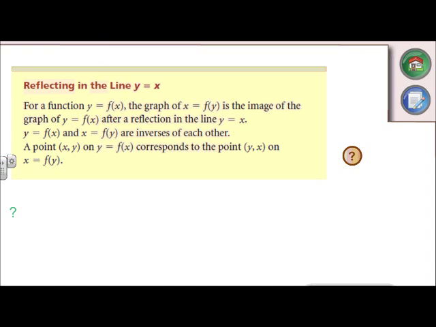So, if we're reflecting in the line y equals x, we call that an inverse. The notation that we use, there's two of them. Let's look at the first one. Instead of saying y equals f of x, we're saying x equals f of y. Or in other words, x is a function of y.